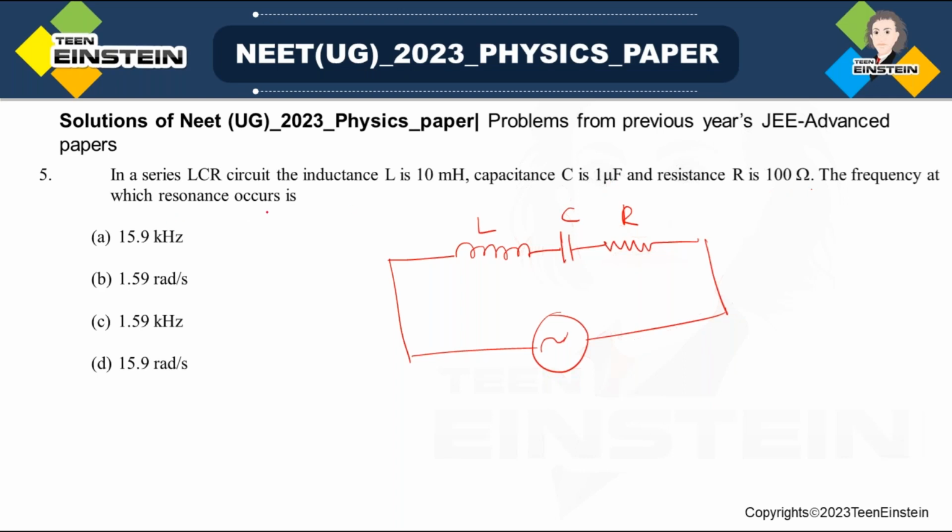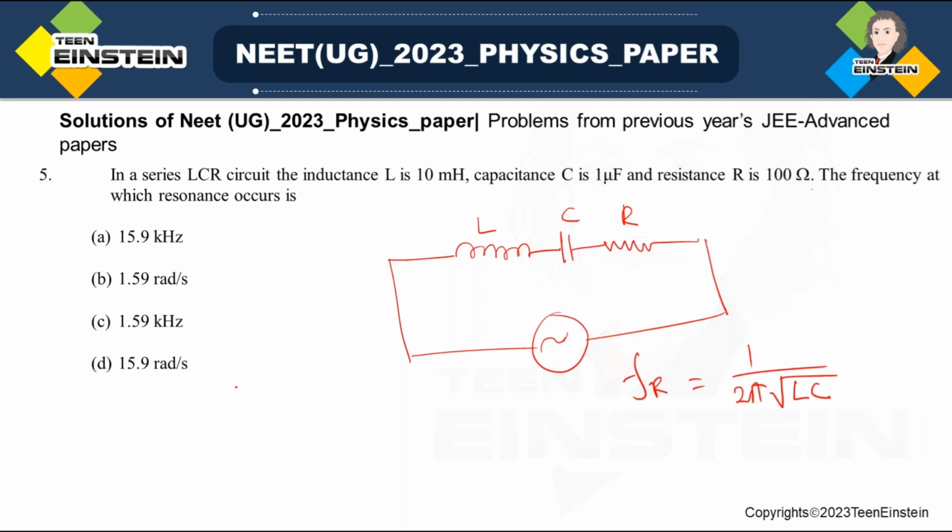The frequency at which resonance occurs. So the resonance frequency, you should remember, FR is equal to 1 by 2 pi root over LC. So how to find out the value for this?